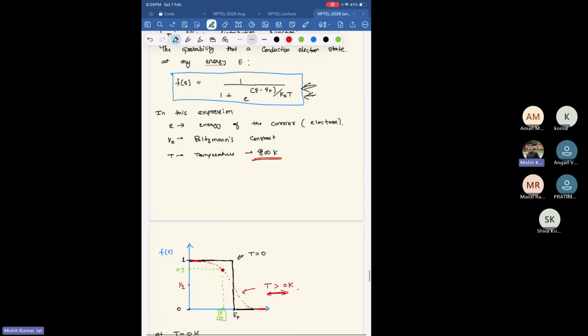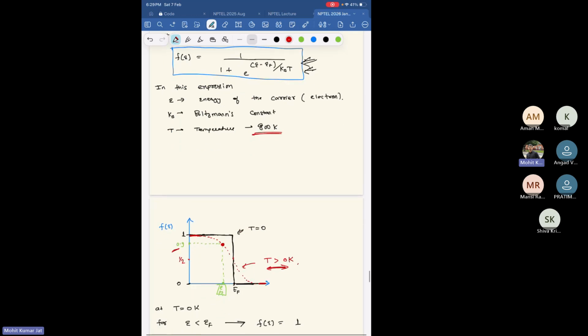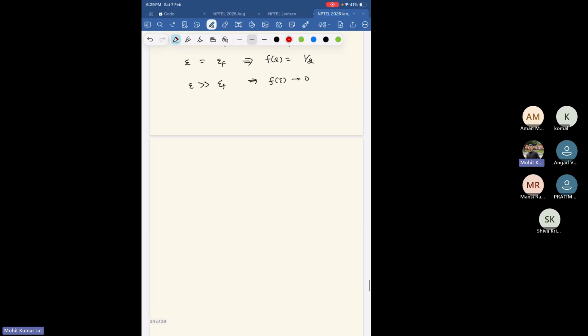So we will compute our F(E) to be 0.9. Our EF we already estimated from the last question, right? And our temperature is given. Boltzmann constant we know. We just have to play with the equation and extract the values. So let's use the values which we have.